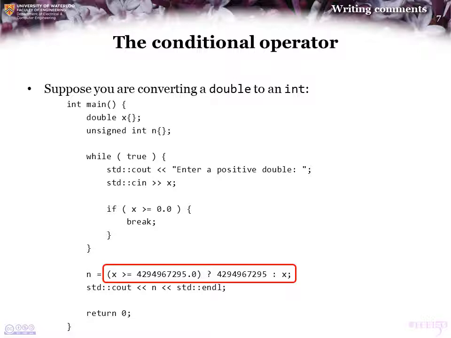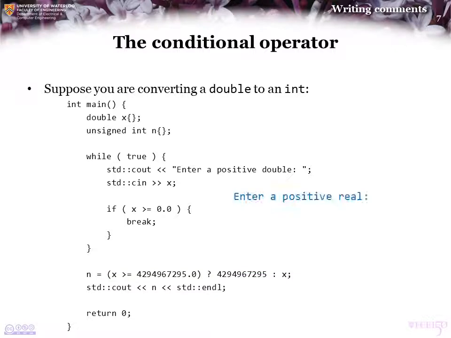Otherwise, I will assign to n the value of x. Okay, that should work, because now if I execute this program and I am asked to enter a positive real and I enter 3.14, then it's just going to print out the value 3.